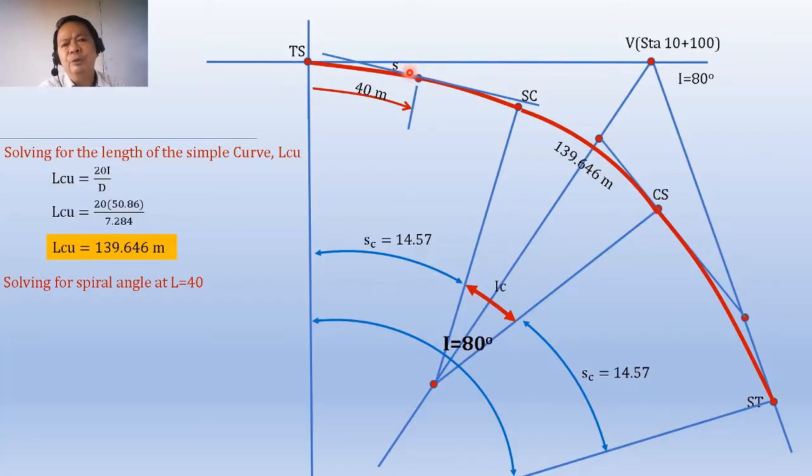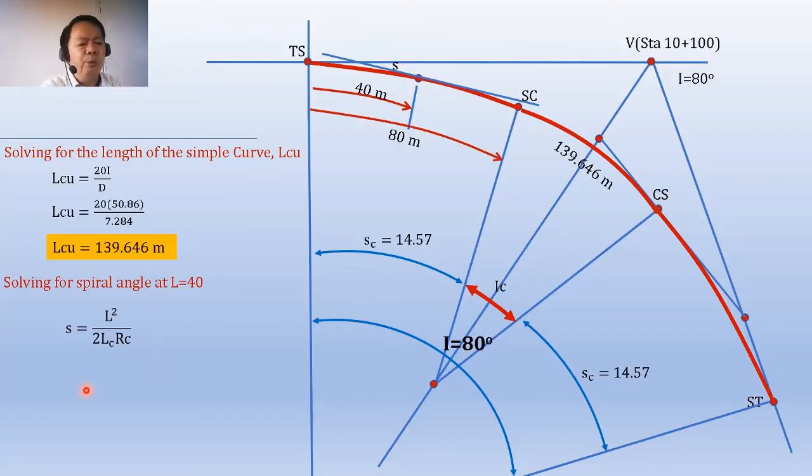And how do we compute for this? There is a formula that we have derived. This S can be computed by the formula L squared over 2 L sub C R sub C, where L is the length of the spiral at this point, and that is equal to 40. L sub C is the length of the spiral at SC. We will have here an angle expressed in terms of radians again, so if we convert it into degrees, we multiply it by 180 over pi.